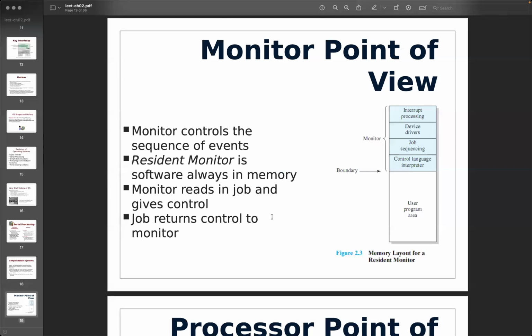Then from the monitor's point of view, right here you can see for the monitor, you can see the interrupt processing, the device driver, job scheduling, and then the control language right here. And they will say the user program area. So it's really an old school computer, kind of simple, not really including an OS to help us.